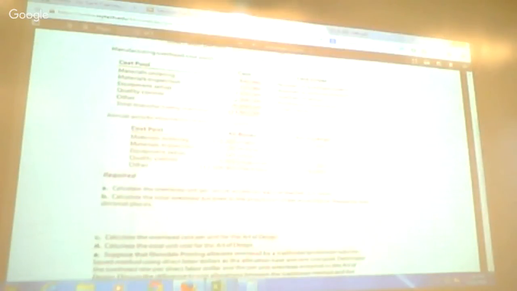If you go back to this column up here, it says 150,000 direct labor hours right here. So 150,000 for this particular thing. I multiply that by the rate, and I get $298,380 of overhead.